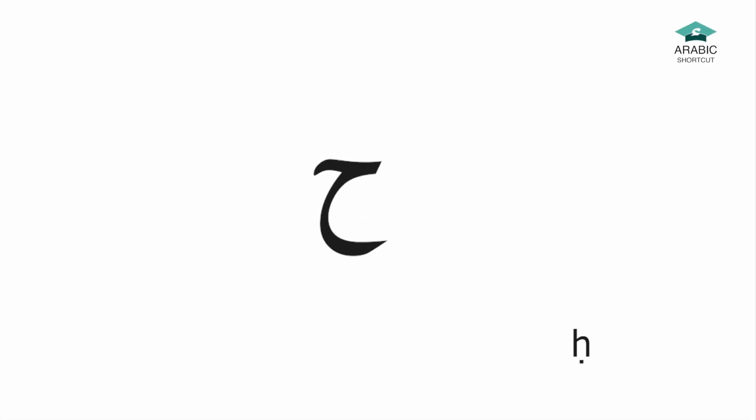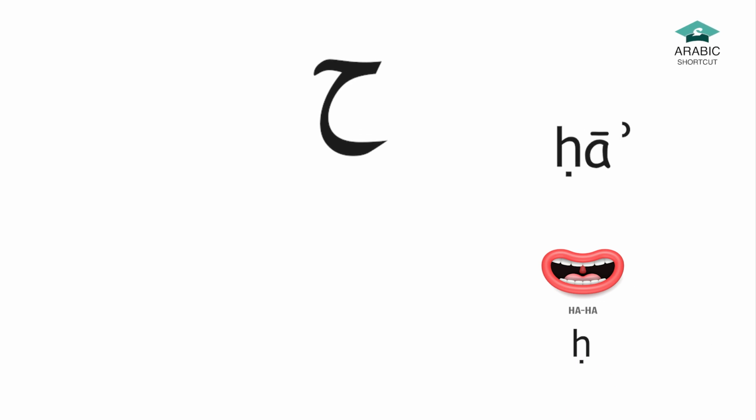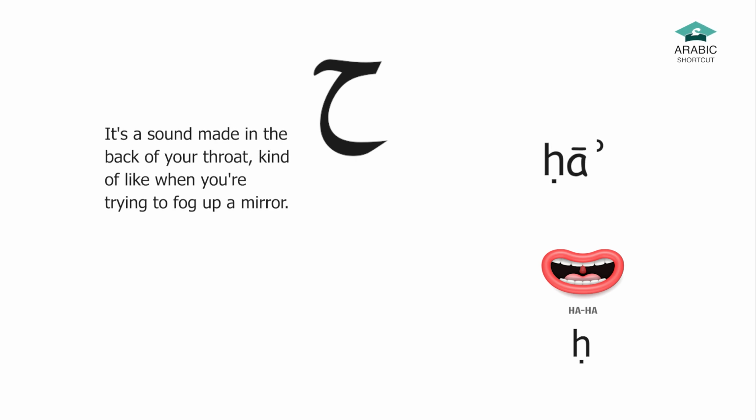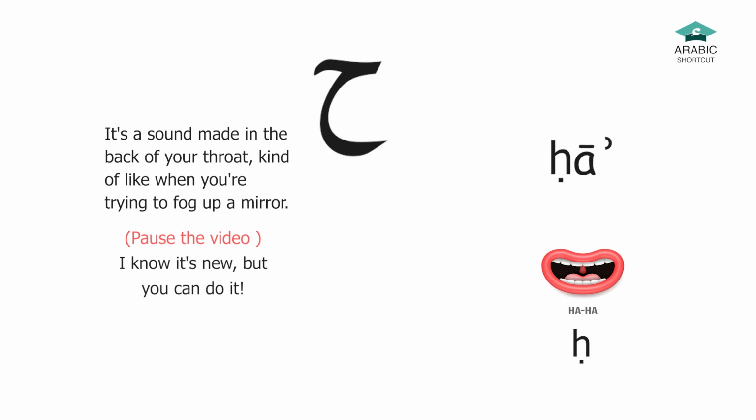حرف الحاء. حاء. Okay, this one's a bit different. It's a sound made in the back of your throat, kind of like when you're trying to fog up a mirror. I know it's new, but you can do it. Ha. Amazing.